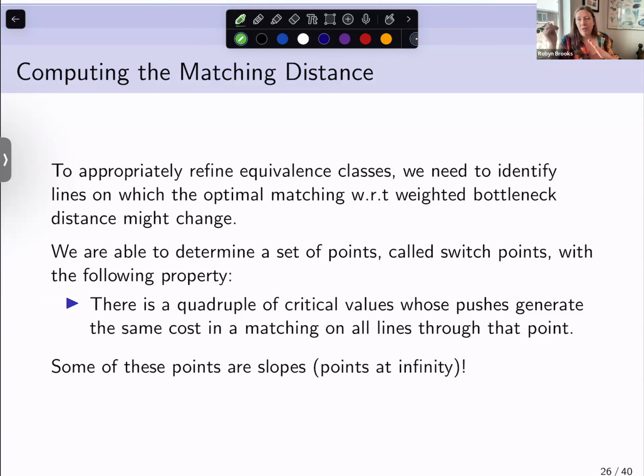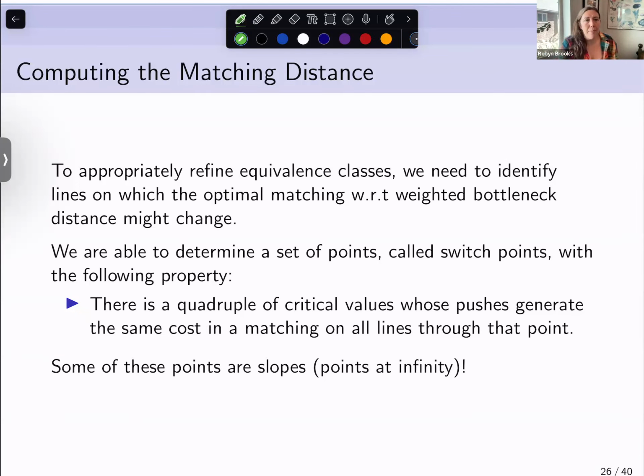So again, looking back at that example, I had the red-blue matching was optimal, and then I was rotating, and at some point I passed through this place where the red-blue matching and the red-red, blue-blue matching were the same, and then the red-red matching became optimal, and the red-blue was no longer optimal. So in order for the optimal matching to switch, there has to be a line where they are the same, okay?